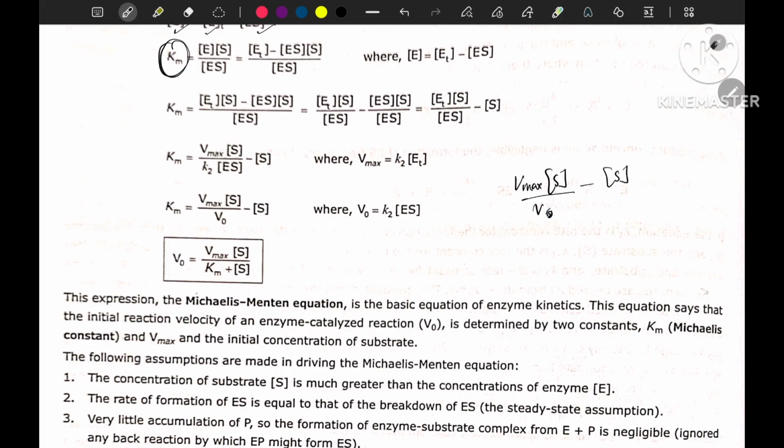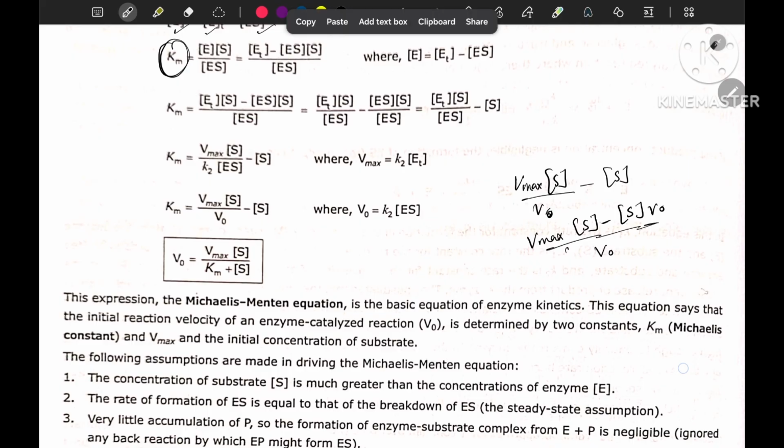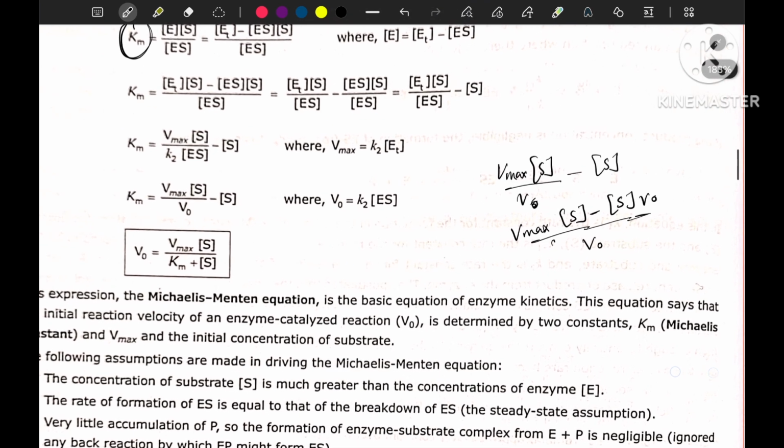We will multiply and divide it here, V max substrate minus substrate V naught on V naught. I think so. I don't know if I'm doing something wrong, or we are doing something different here. Let me just think about it.